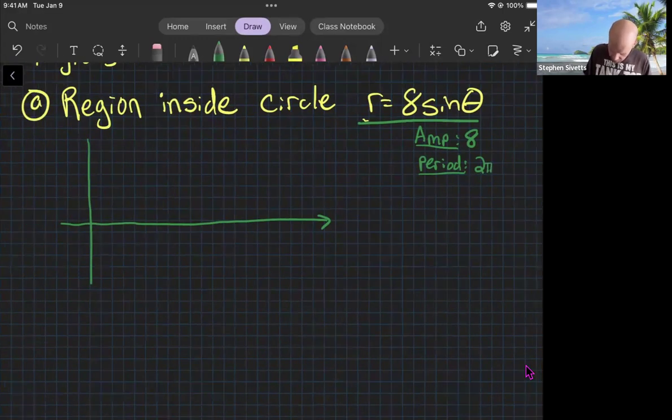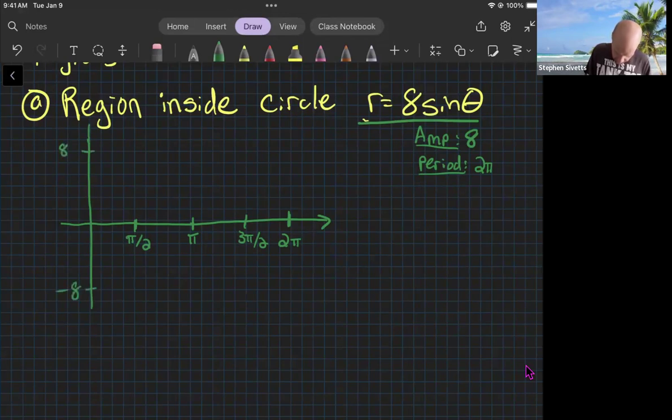And so from there, we can draw the usual sine curve, right, of 8 sine theta, right?